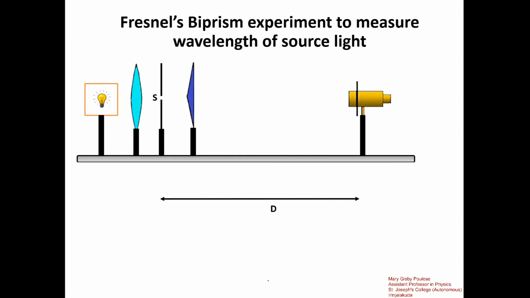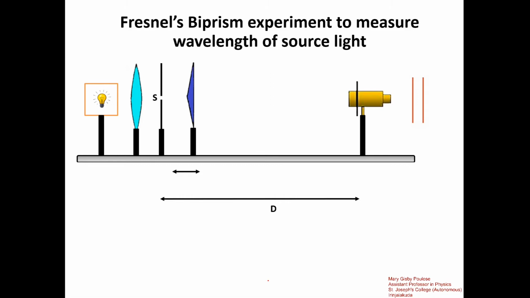Now to begin this experiment, the eyepiece is first placed near to the biprism. Then the biprism is shifted in order to get two clear images of the slits. We get the images of two slits in the eyepiece.